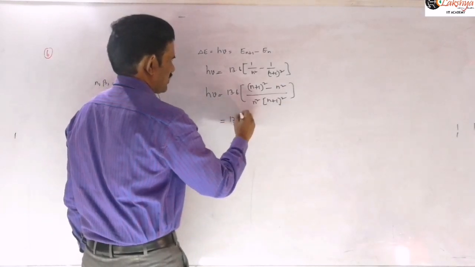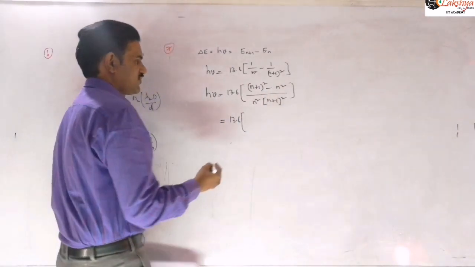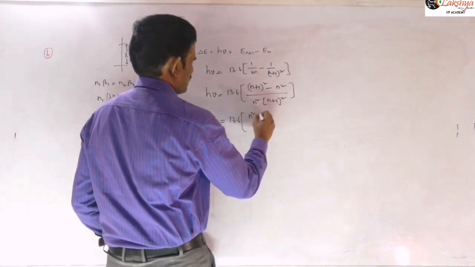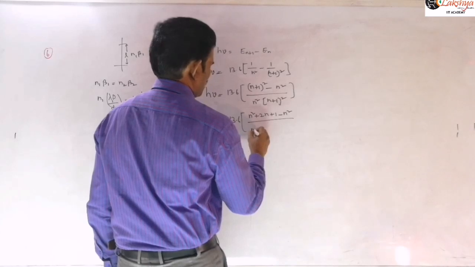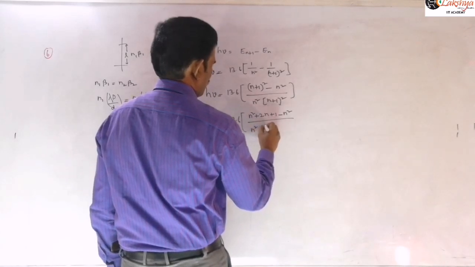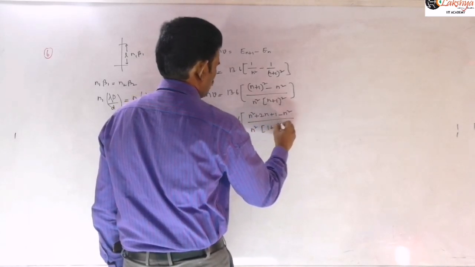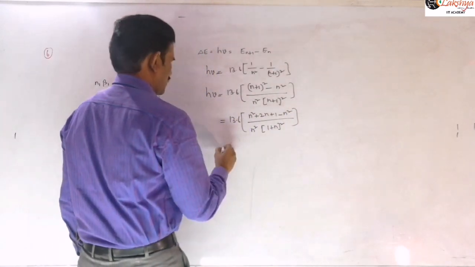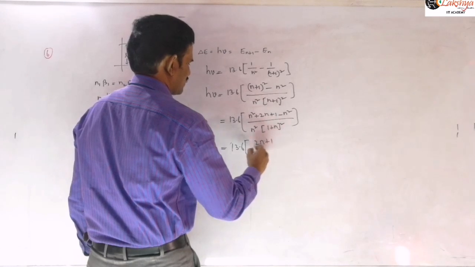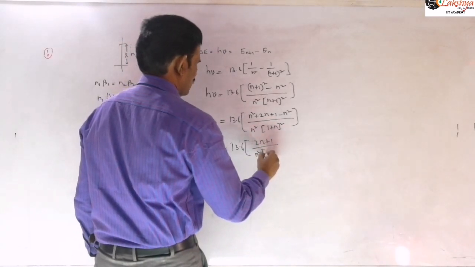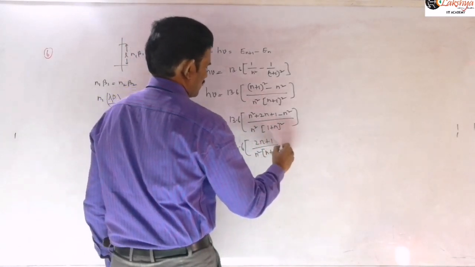Now let us simplify this. It is 13.6 into n square plus 2n plus 1 minus n square by n square into 1 plus n whole square, and therefore this is 13.6 into 2n plus 1 by n square into n plus 1 whole square.